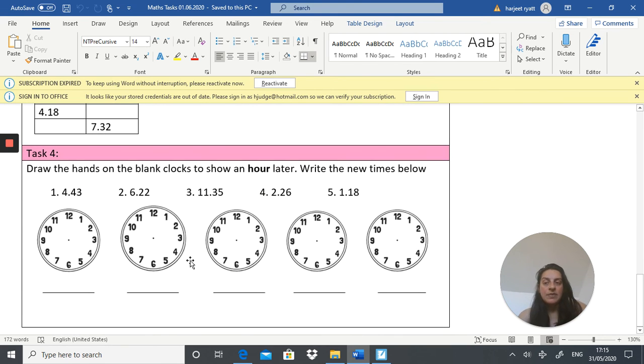And finally, it says, task 4, draw the hands on the blank clock to show an hour later. Write the new times below. So this time says 4:43, and so it wants you to calculate what would be an hour later than 4:43, and then draw the time here and write the time that's an hour later after 4:43 there.